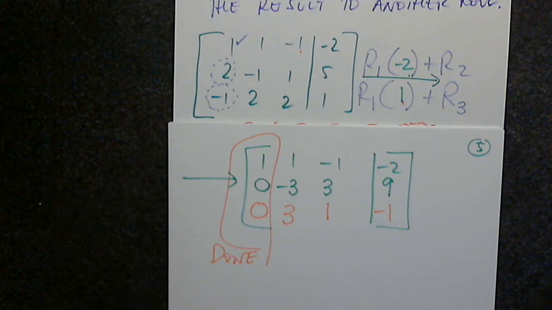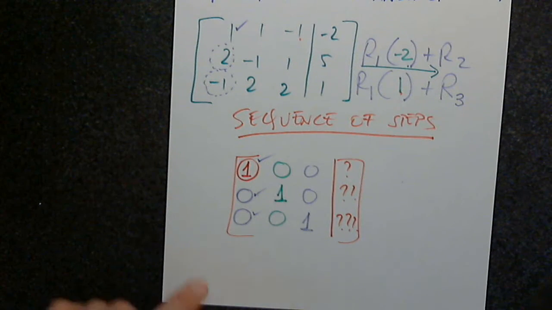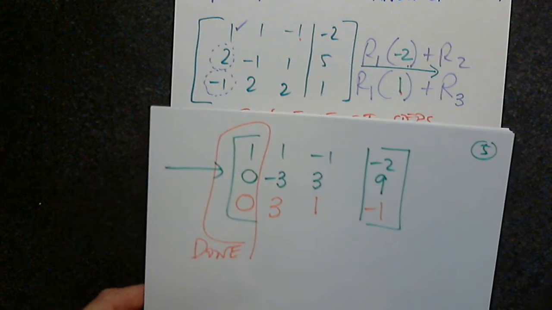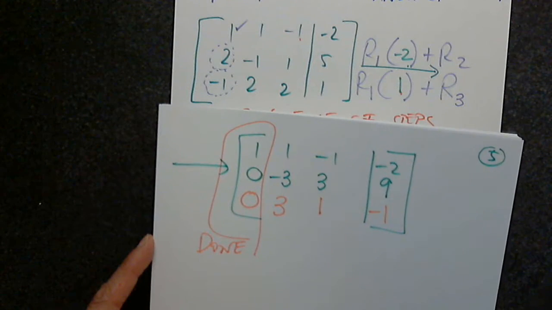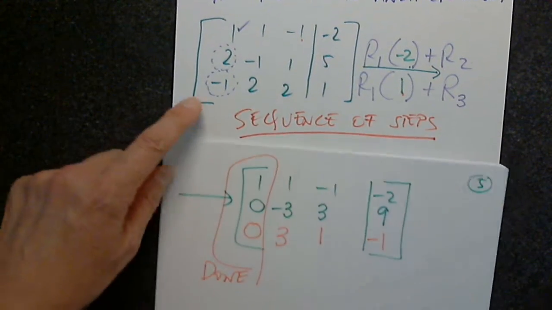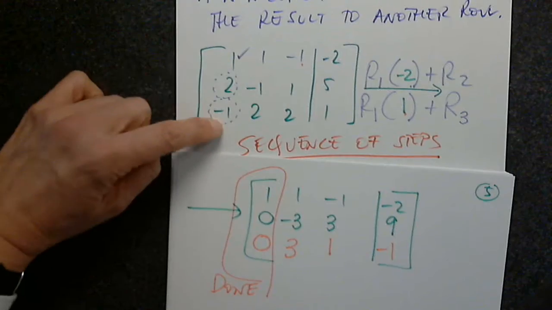Good. What would be my next step? For that one, you multiplied the first row by the 1, for the third row, and you added which corresponds.